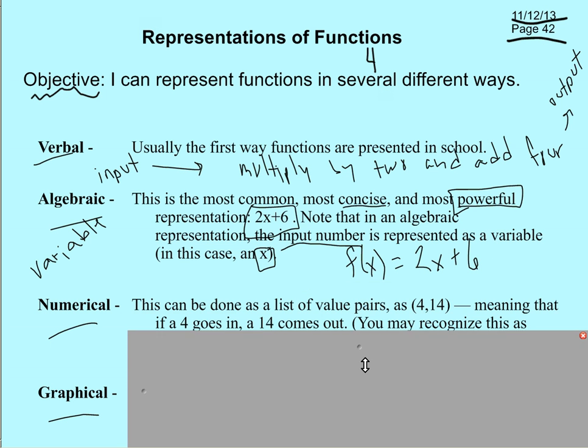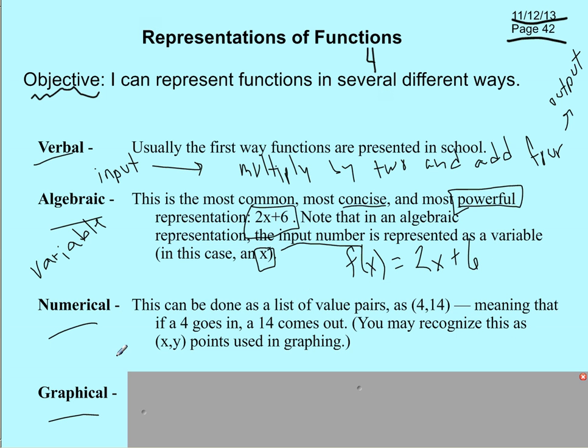A third way to look at a function is numerically, okay? And there's several different ways to show it numerically. But you could have a list of ordered pairs like 0, 1, 3, 4, and 8, 10. That would be one numerical representation of a function. A list of value pairs, you can recognize this as the x, y points that are used in graphing.